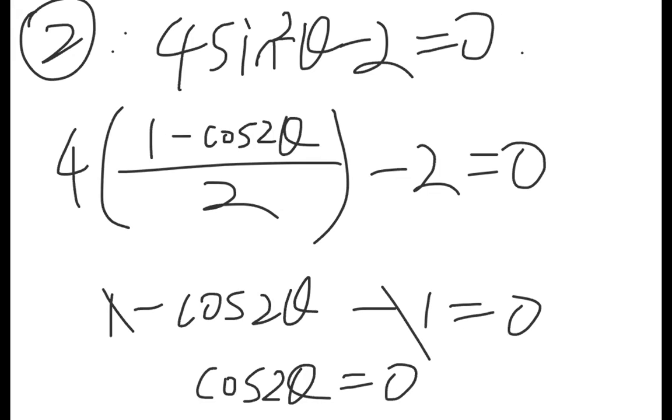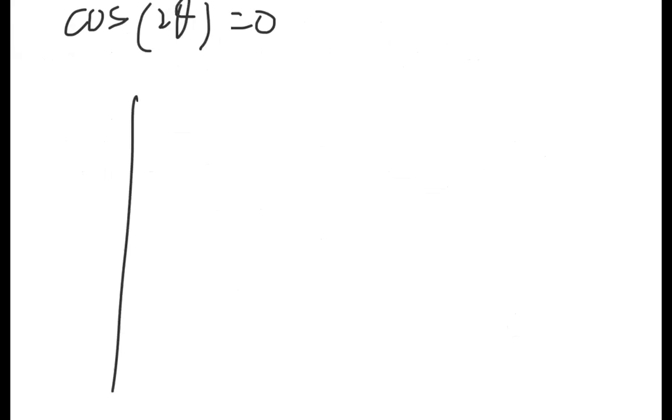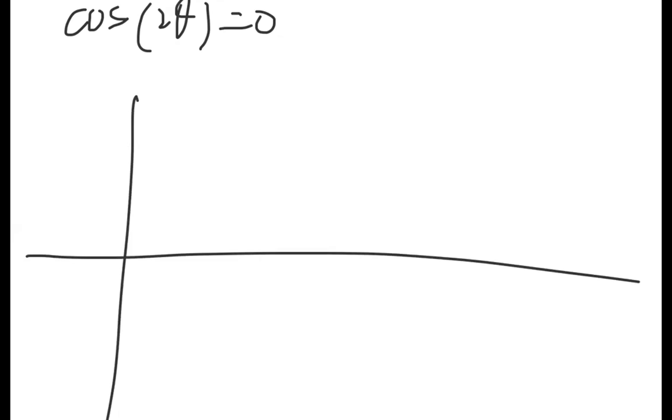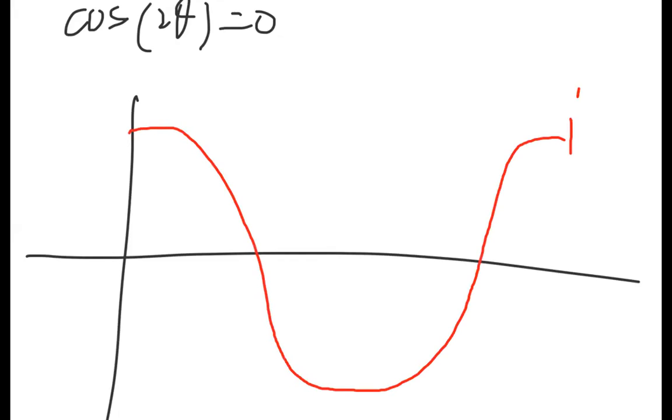Now let's graph the function cosine 2 theta. So cosine of 2 theta has the same graph as cosine, except everything shrinks by 1/2 horizontally. Instead of having the period 2 pi, it shrinks to pi, and the intersection instead of pi over 2 becomes pi over 4.